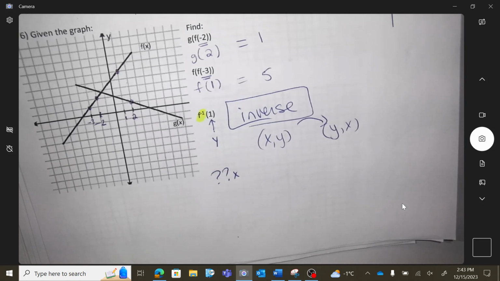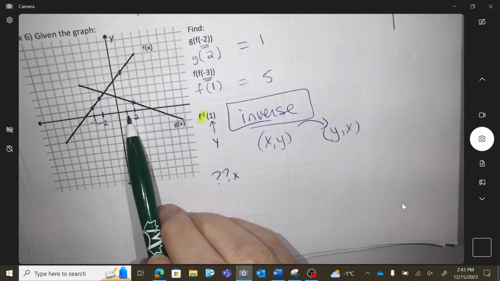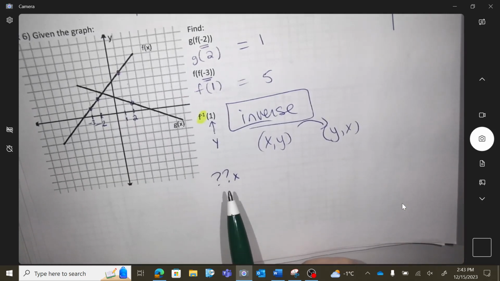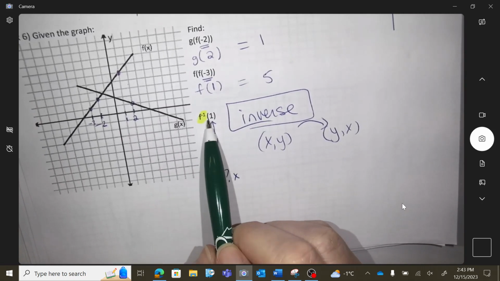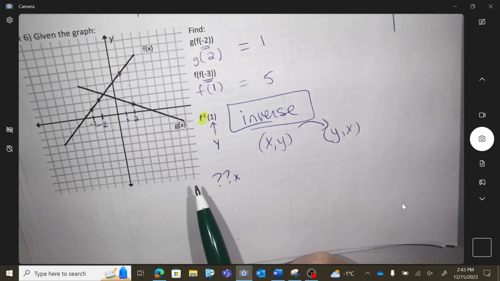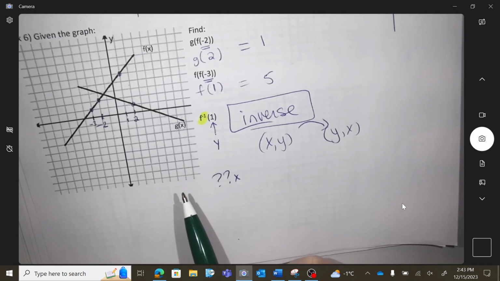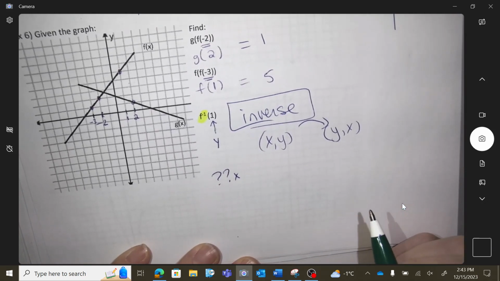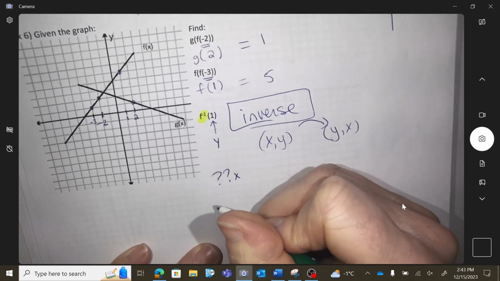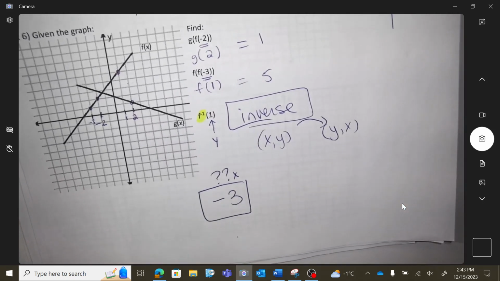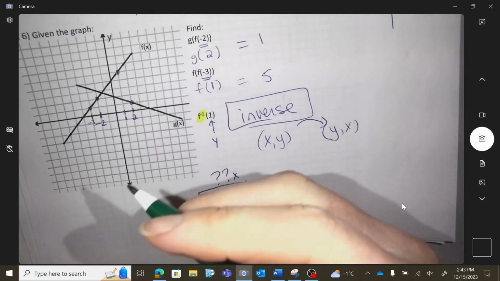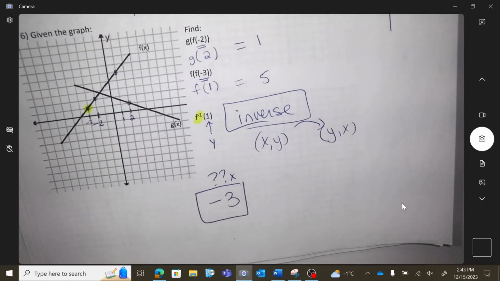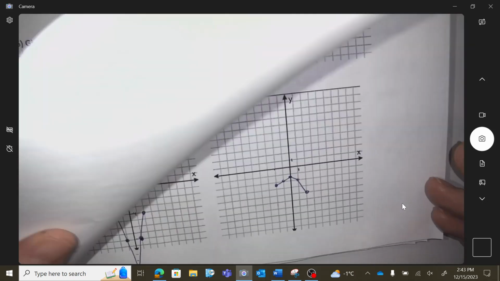This is just backwards now, right? Because before we were going to the x, figuring out the y, but now we have the height. So where is the f line a height of 1? 2. Oh, no, that's the g line. Negative 3. Right? I'm right here. Right there is when I'm at a height of 1. Inversing. How does that sound?